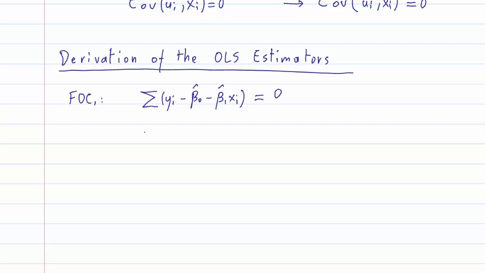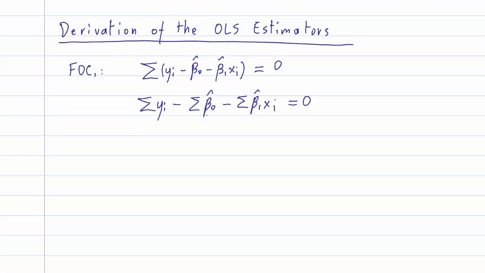So I'm going to distribute the sum: sum of yi minus sum of beta 0 hat minus sum of beta 1 hat xi should be 0.